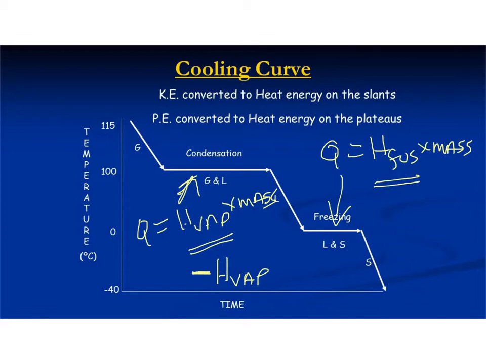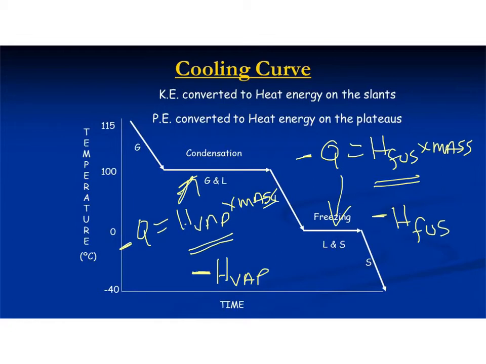The negative doesn't mean it's negative heat per se, or less than 0. It just means the direction the heat's going. The heat is going out of the system, right? And in both cases, remember, it's going to be a negative H fusion, right? Because we're losing heat. And so the Q will be negative when we do this calculation.